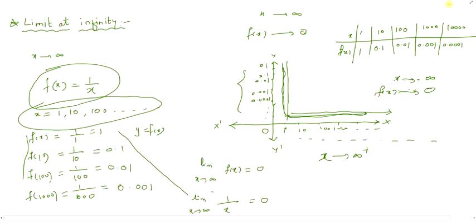As you remember, we have defined the limit of a function as follows: if there is a function, then it is said to have a limit L if for every epsilon greater than 0, there exists another small positive number delta greater than 0, such that mod of f(x) minus L is less than epsilon whenever mod of x minus a is less than delta.